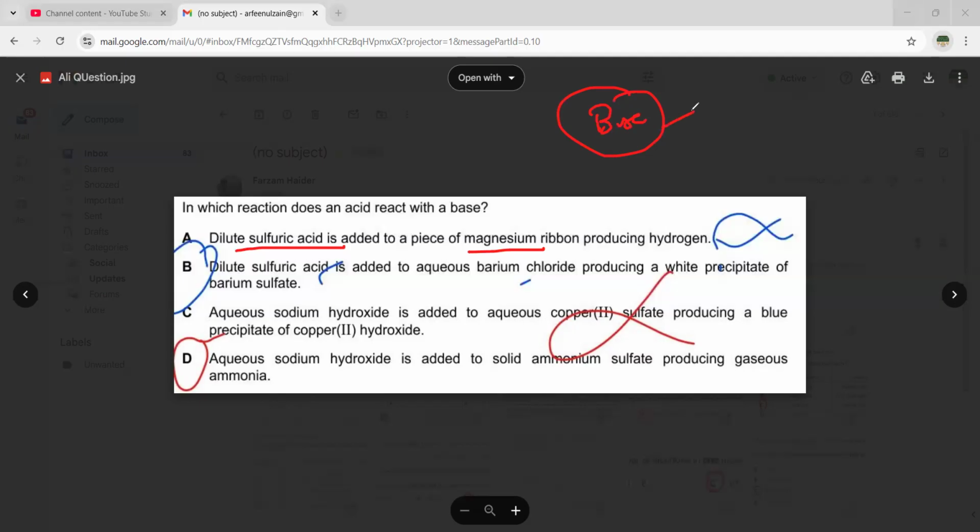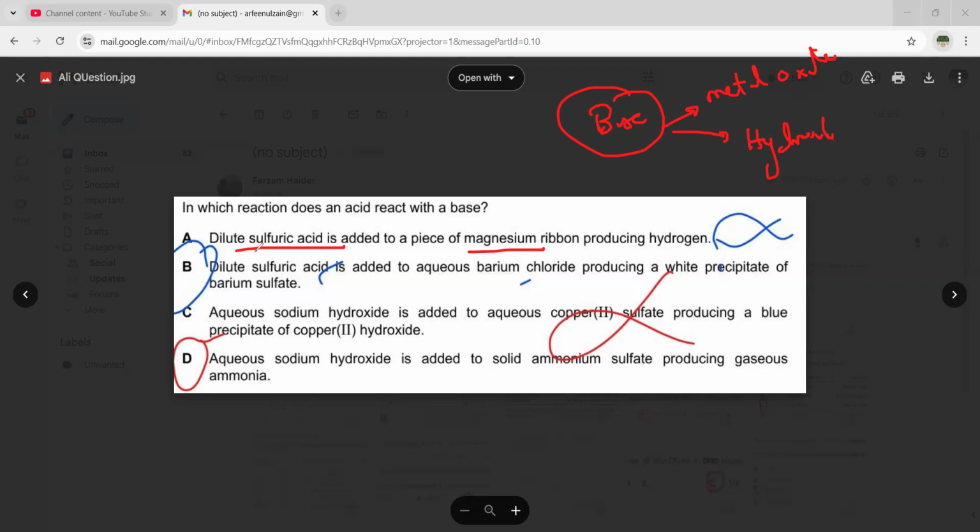Base is a term which is used for either a metal oxide or a metal hydroxide.